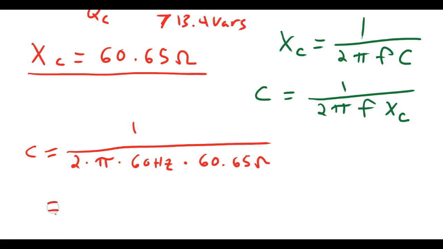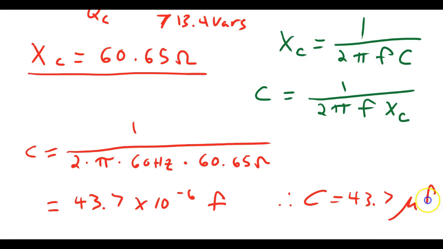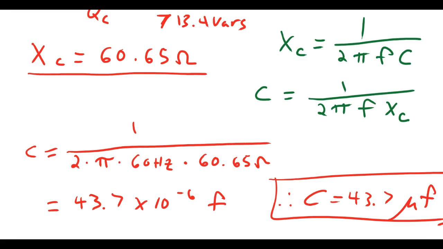And so if you multiply together 2 times pi times 60 hertz times 60.65 ohms and take the reciprocal, we should come up with 43.7 times 10 to the negative 6 farads, and therefore C is equal to 43.7 microfarads, where we have inserted the micro for 10 to the negative 6.